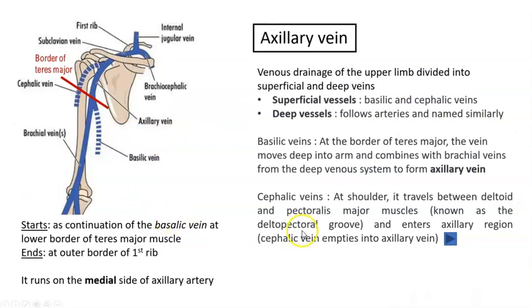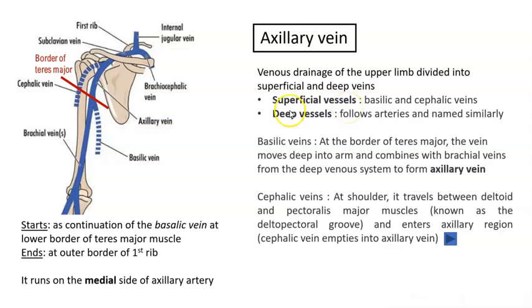Okay. Next is the axillary vein. We've covered the brachial plexus, axillary artery, and now the axillary vein. It has superficial and deep veins and lymphatic drainage. Both have superficial and deep.